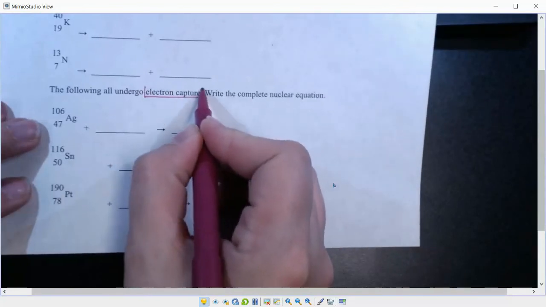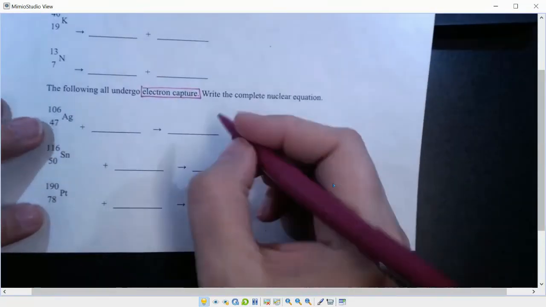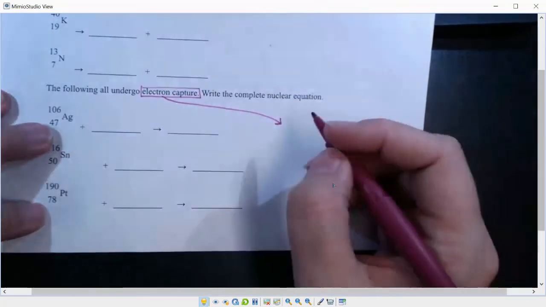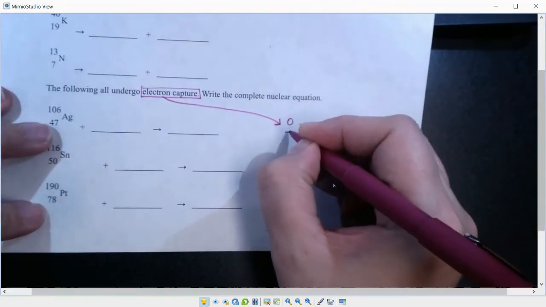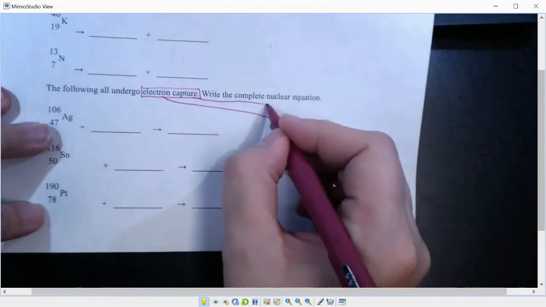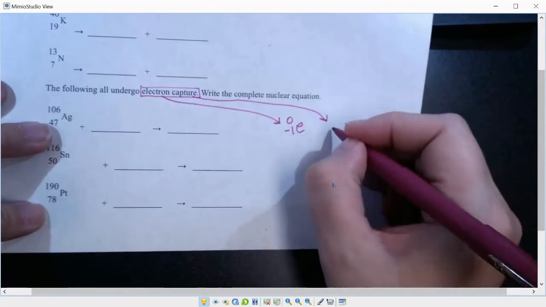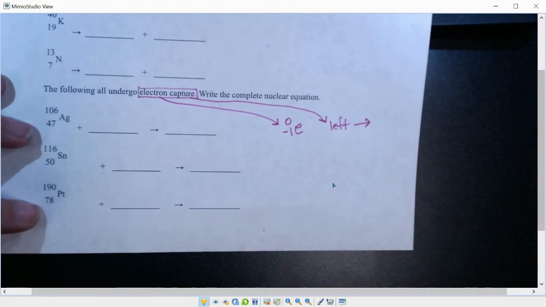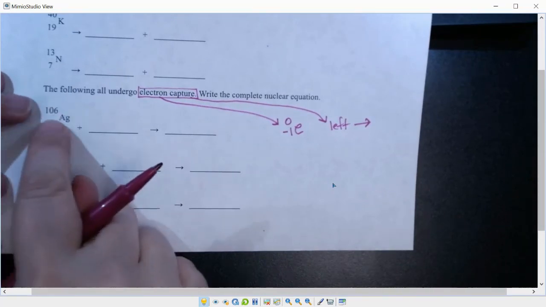Electron capture. We didn't do an example of this, but we're going to use some contextual clues. So I said the symbol for an electron, 0 over -1, e. When we talk about capture, that means it's going to be on the left side of the arrow, because whatever this atom is, it captures that electron.